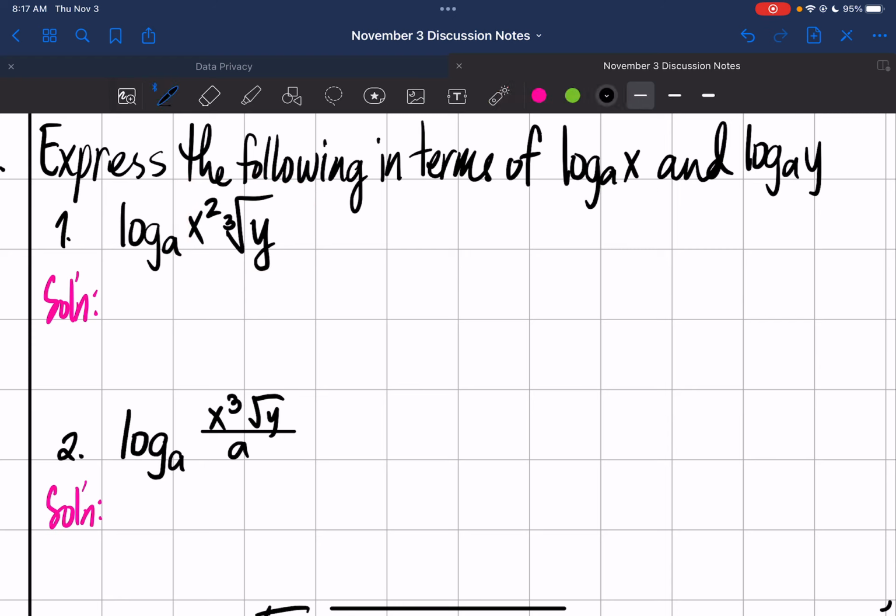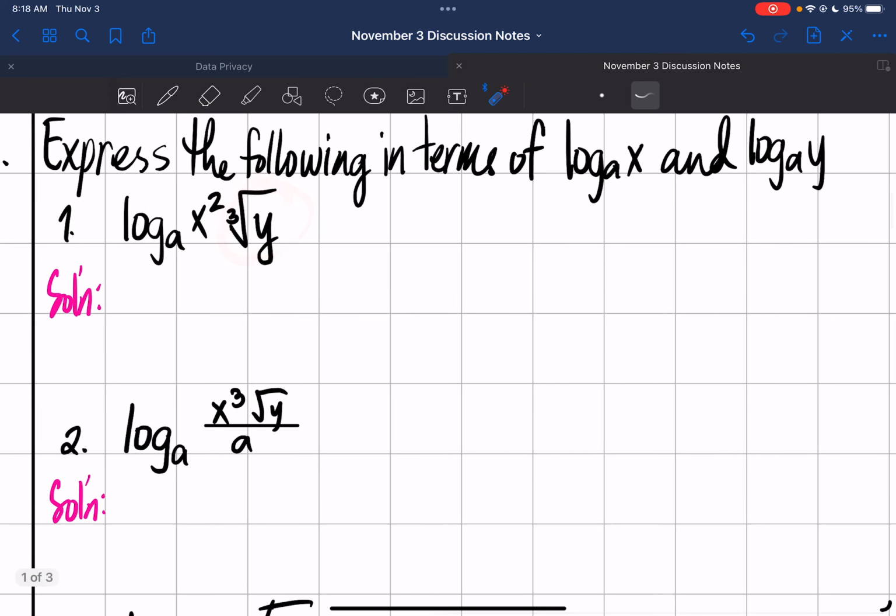So first one is log of x squared cube root of y base a. So inside, class, we have a product of two expressions which is x squared and cube root of y. So we will use the product rule. So this one would become log base a of x squared plus log base a of cube root of y.